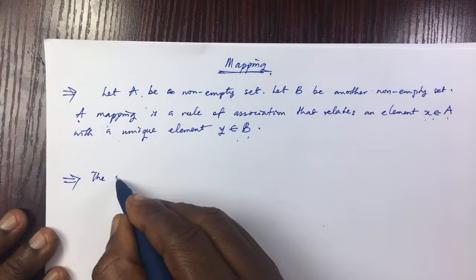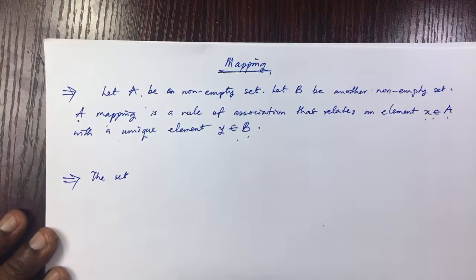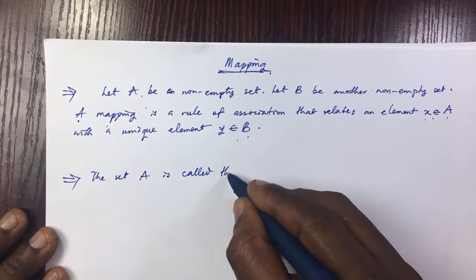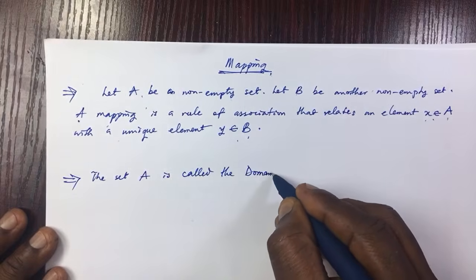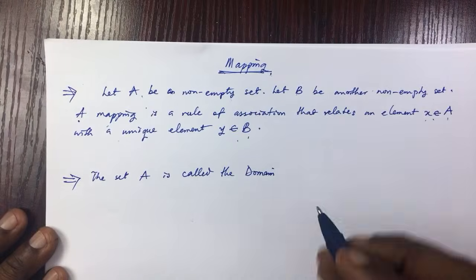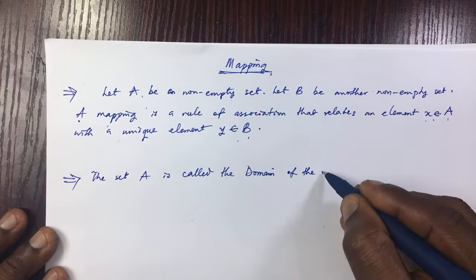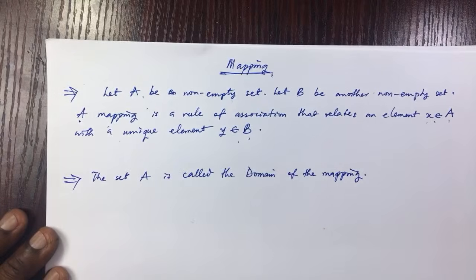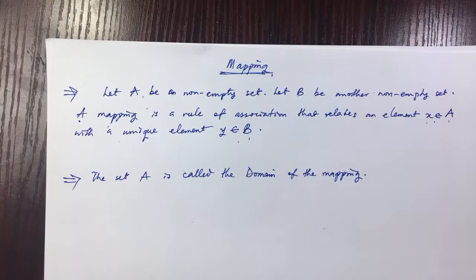The set A is called the domain. We call the set A the domain of the mapping. Okay? Now, why is it called the domain of the mapping? It is simply because the elements in A are the ones selected to be associated with unique elements in the set B. So for that reason, it is called the domain. Okay?